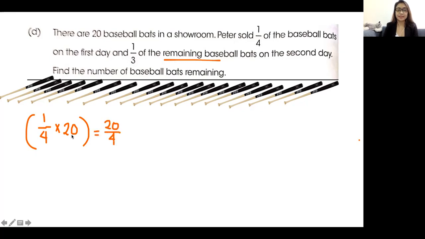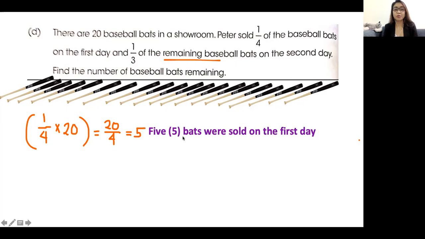So that is 20 over 4 because 1 times 20 is 20 and 4 times 1 is 4. So 20 over 4 is equal to 5. All right. So there are 5 bats that were sold on the first day.